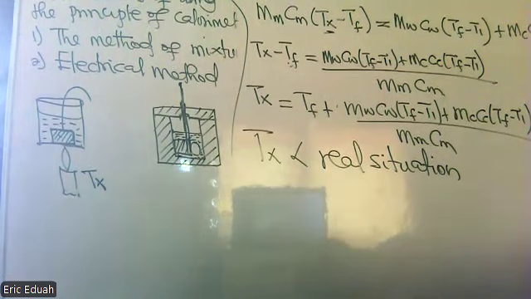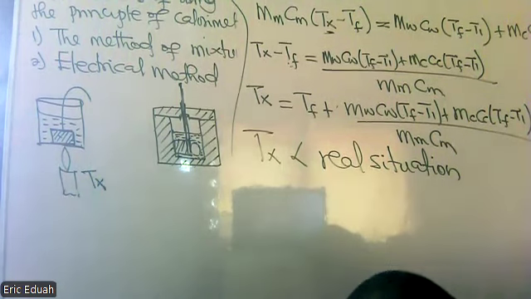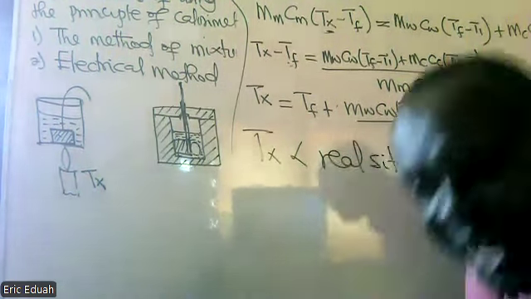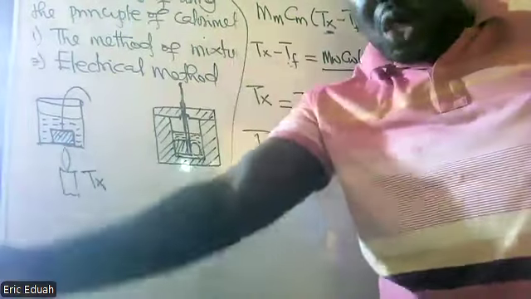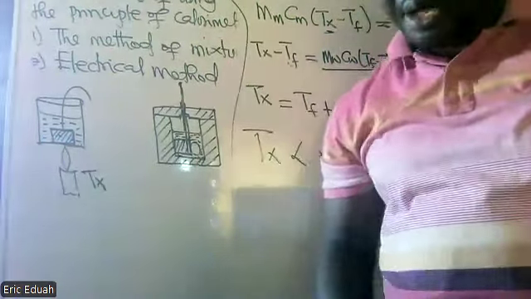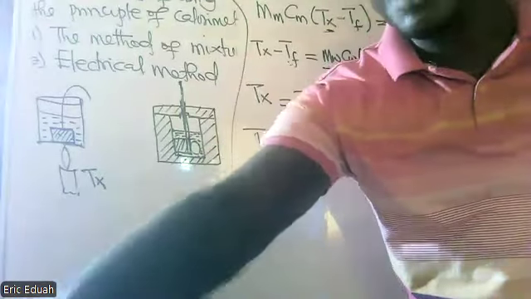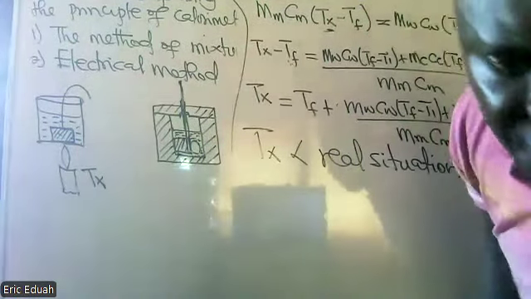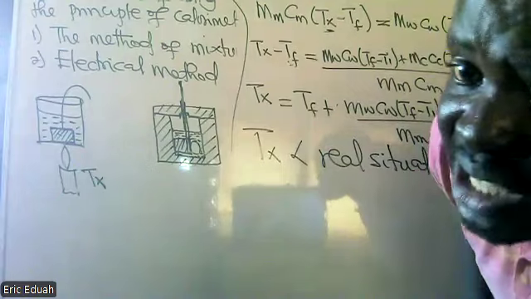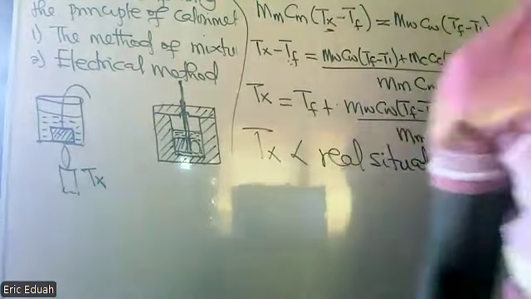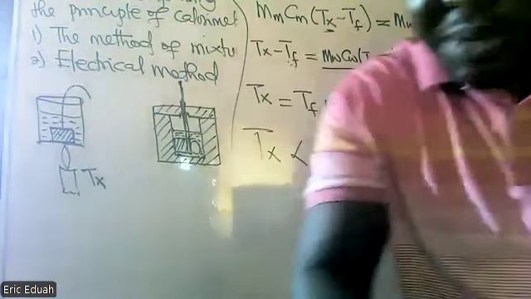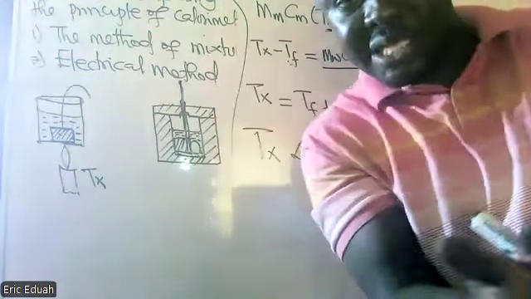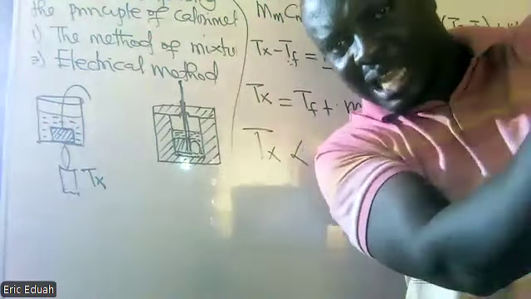During the transfer of the metal from the source to the calorimeter, there will be loss of heat energy as a result of the transfer. It is not direct; we are using something to take it from a distance.